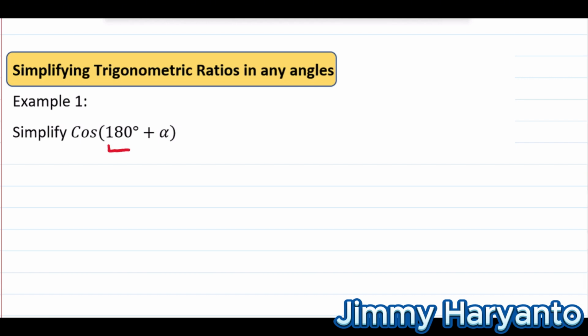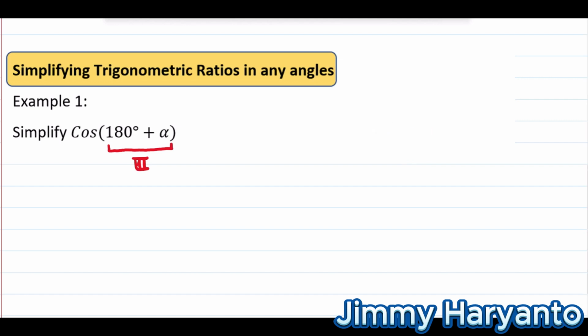So we can determine these angles by taking a look at the quadrant. In the quadrant, we already know that 180 degree is in between of the second quadrant and also the third quadrant. That means if you add something to the 180 degree, it will go to the third quadrant. Yeah, I know, of course it can be also in the fourth quadrant, but we will take the nearest quadrant, so we can assume that this one is the third quadrant.